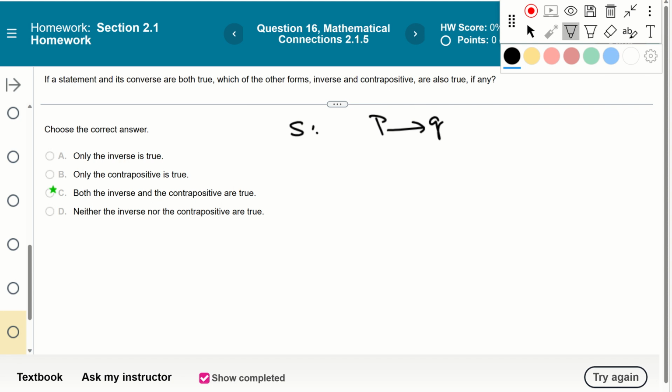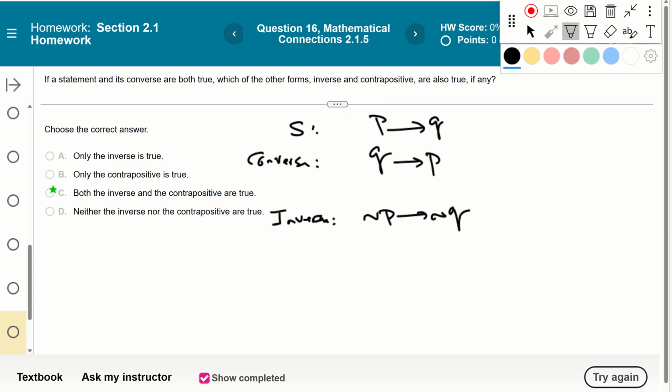So this is the statement itself. We know that the converse of P implies Q is Q implies P. Now, the inverse is going to be not P implies not Q. That's just by definition of inverse.